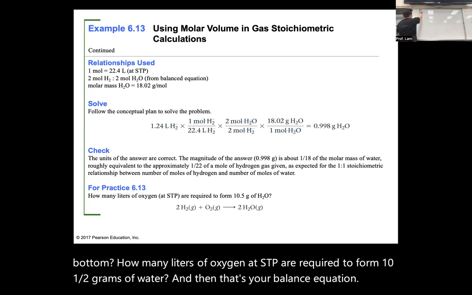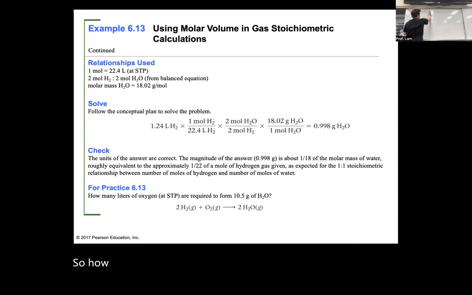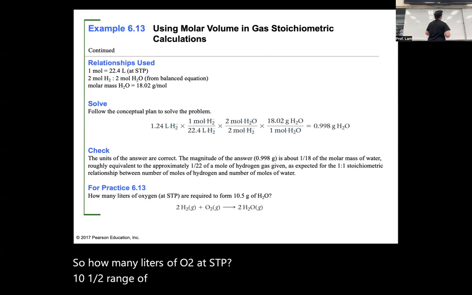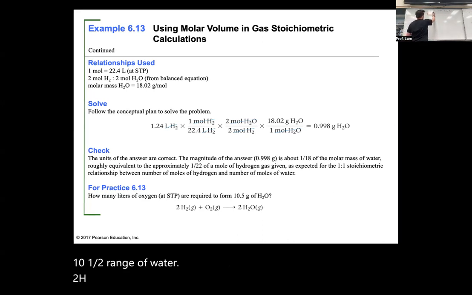So how many liters of O2 at STP to form 10.5 grams of water?